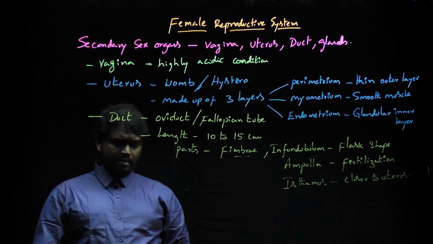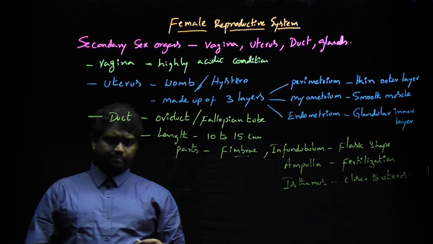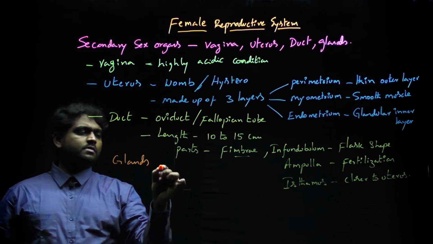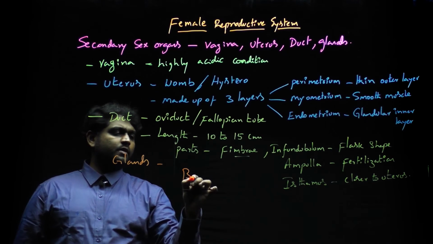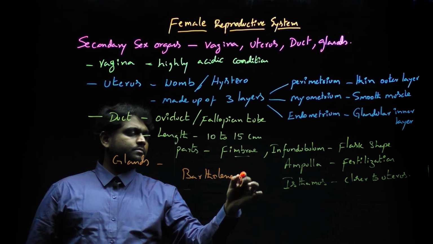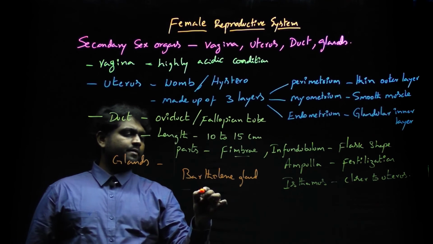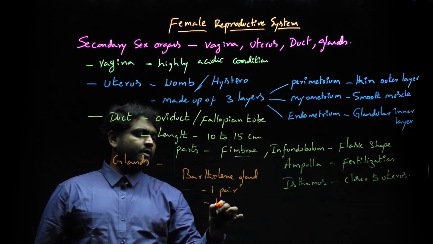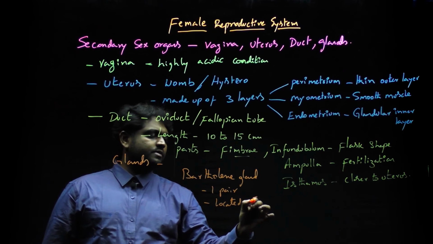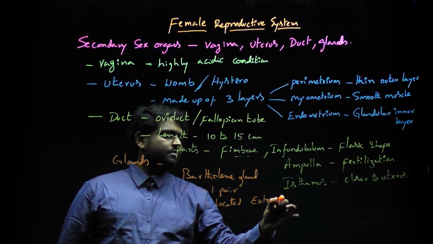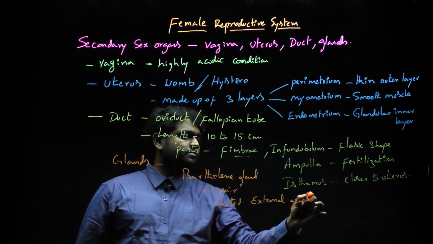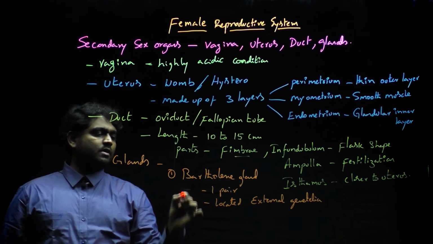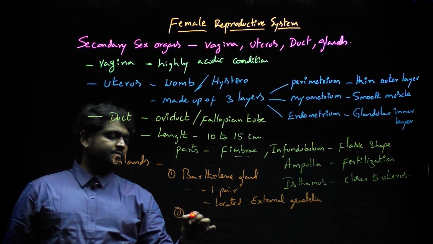And next are the glands. The glands are the Bartholin glands, which are a pair located on the external genitalia. The second gland is Skene's gland.